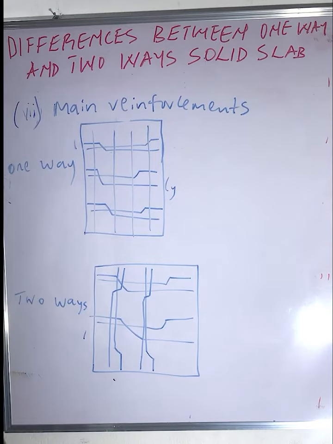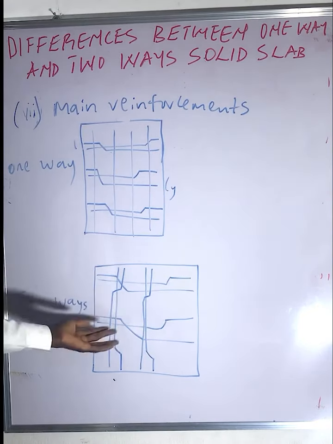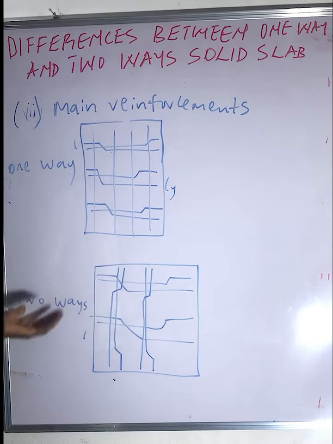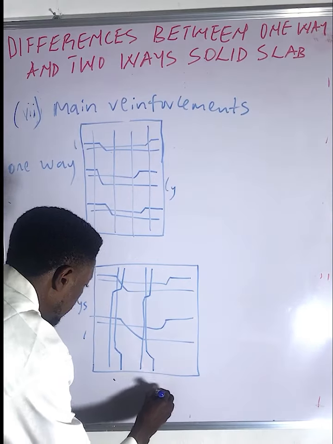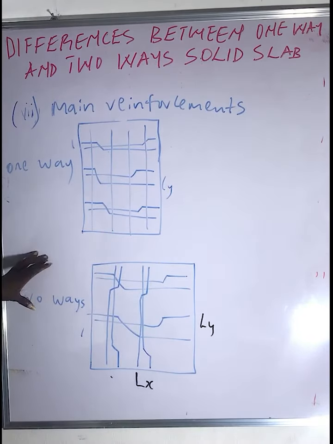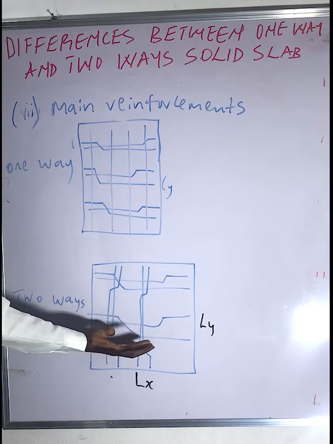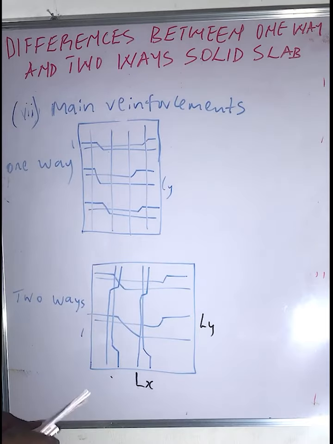While for two ways, your main reinforcement is provided on both spans, which is the shorter span and longer span. This is your LS. Your main reinforcement is provided on both spans, which are your LS and your LY axis.